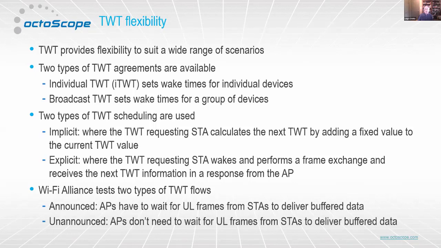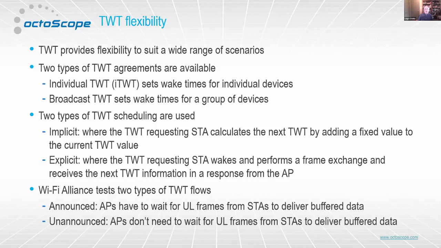So you can imagine how the implicit one is probably more battery efficient, because you've eliminated some communication with the AP that's not specifically related to data. On the other hand, to the extent that there can be some sort of miscommunication or something like that, you can see how explicit would be maybe more robust. So it's a trade-off between being absolutely certain and also saving battery.